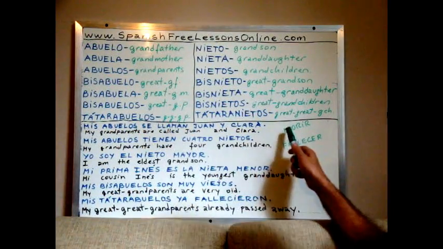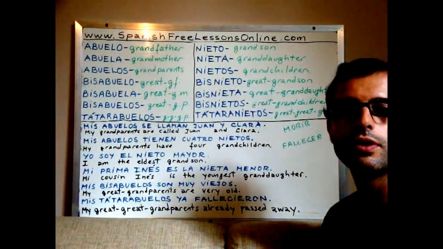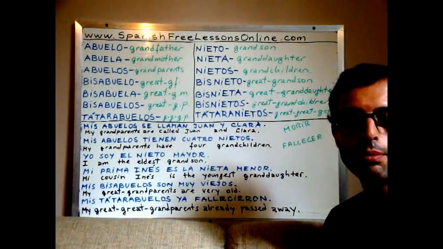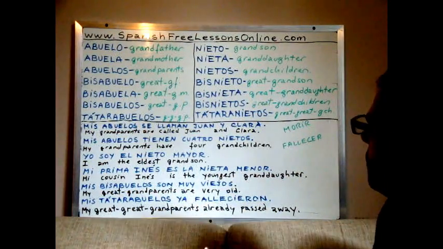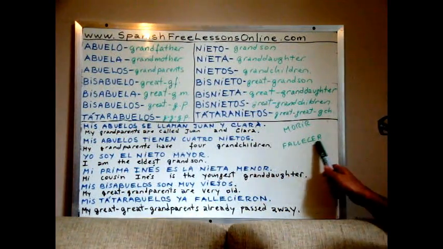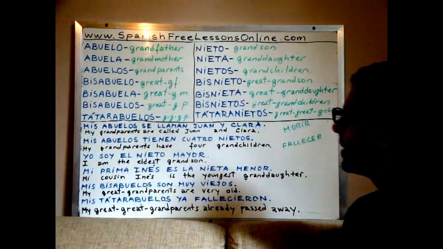The verb morir is too rough. So when we refer to people, and mainly to our relatives or acquaintances, we use the verb fallecer, which is much softer, okay?